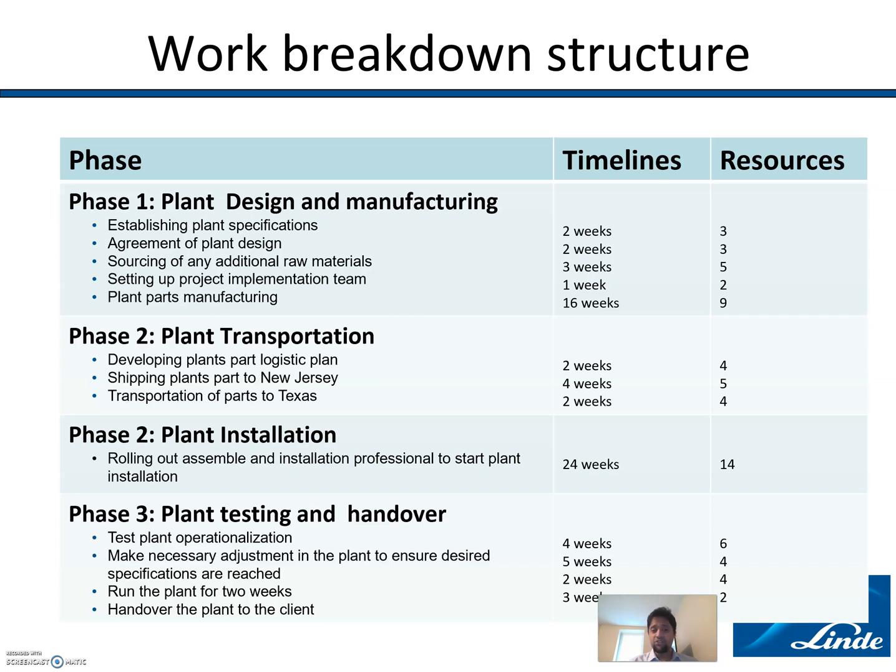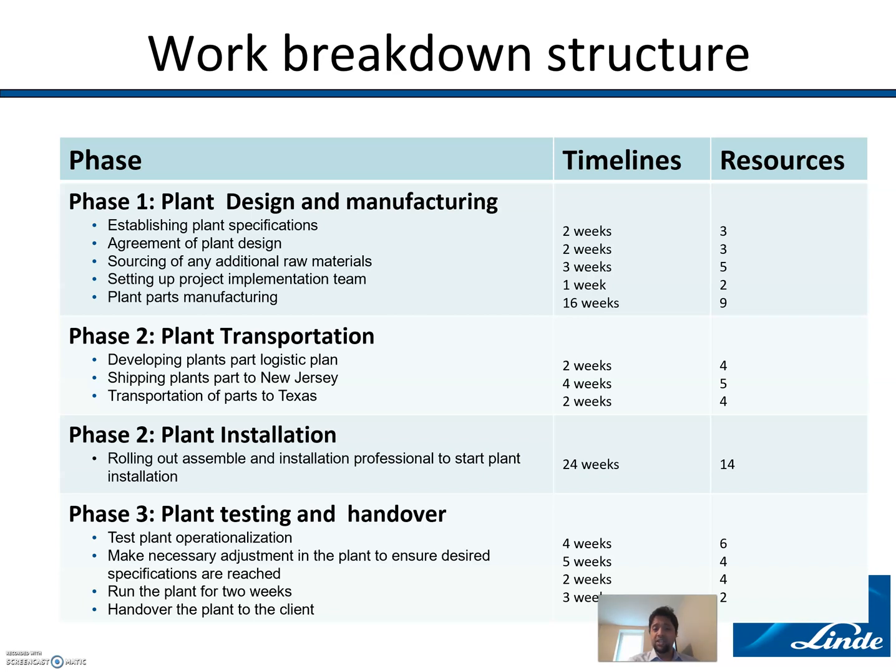And for the manufacturing element of the phase, it's going to be the plant's manufacturing, and that's going to be 16 weeks. This is a major step because it's going to require heavy resources and a heavy amount of time to manufacture all these plant parts.